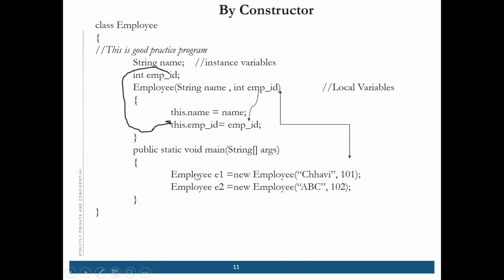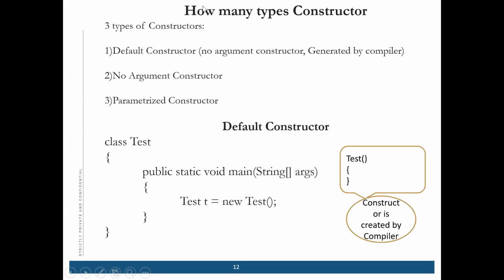Before that, with methods, we were calling the init method and then the display method. But here we are not calling any method. We are just creating an object, passing the value, and it will be initialized. Okay, got it?